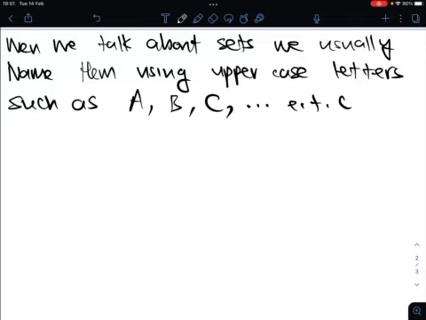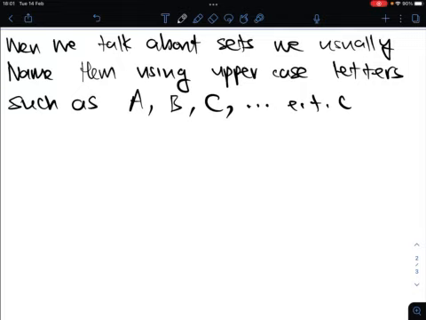A set is composed of a boundary, with objects on the inside. The thing that holds all the objects of a set, we refer to as the set itself.